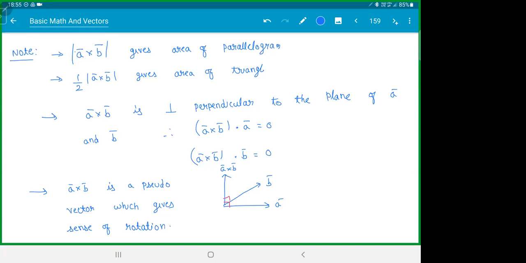So these are a few points there. Clear? Now let's see.